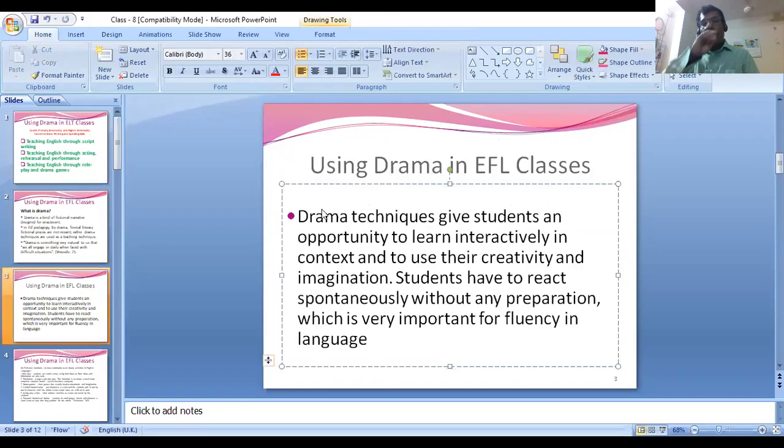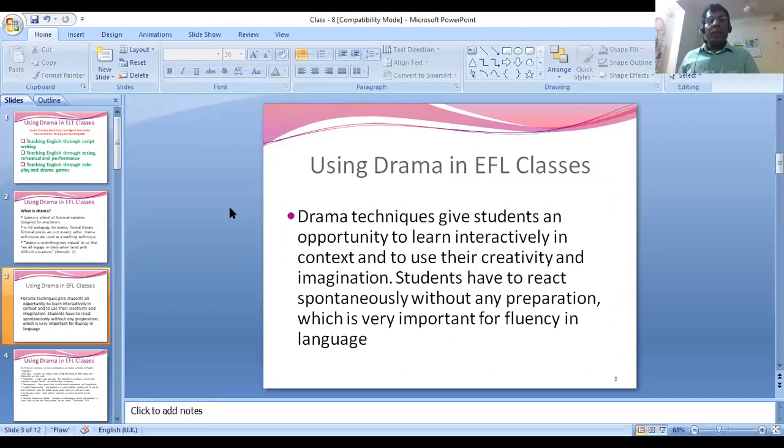What drama techniques, look, drama techniques give students an opportunity to learn interactively in context. That is what I'm talking about. The drama techniques give students an opportunity to learn interactively in context. In a particular context, you are learning through interaction.